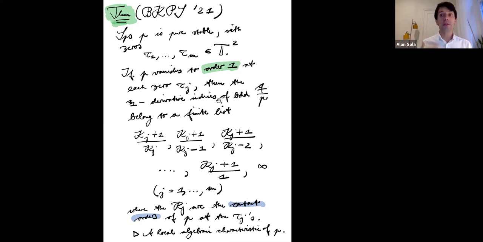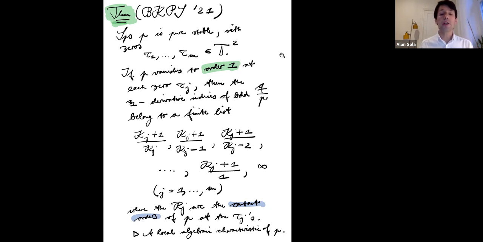And all of these indices are going to belong to a long list of numbers of the form kj plus 1 divided by kj, kj plus 1 divided by kj minus 1, kj plus 1 divided by kj minus 2, and so on and so forth, up to kj plus 1, and then the next one is infinity. At each zero, there's going to be a list of this form, and you get the global list by taking the union of all of these lists.